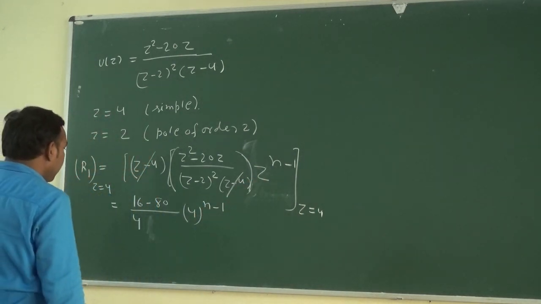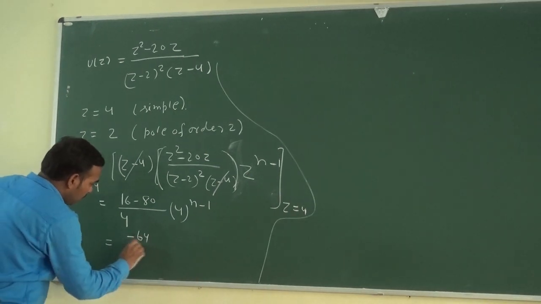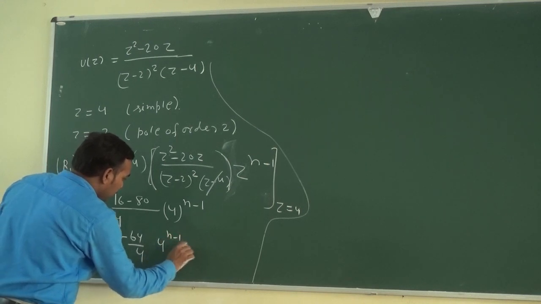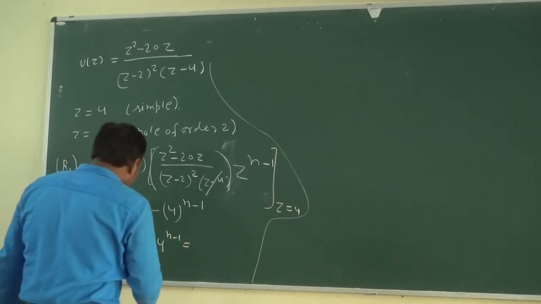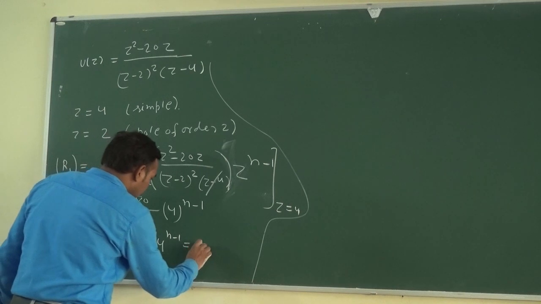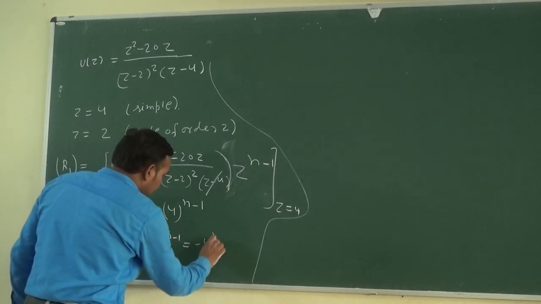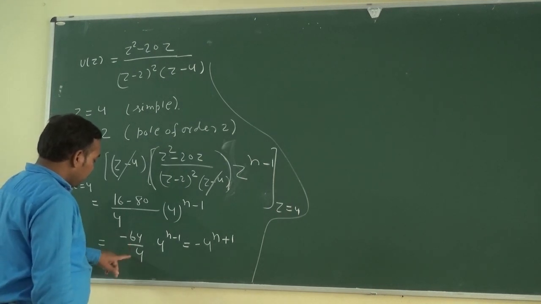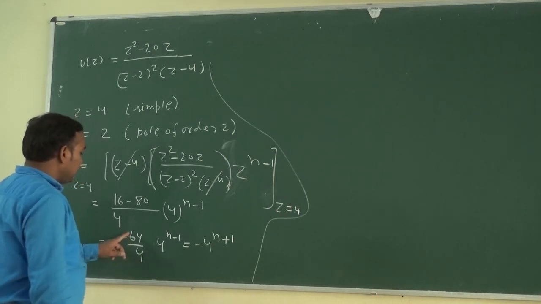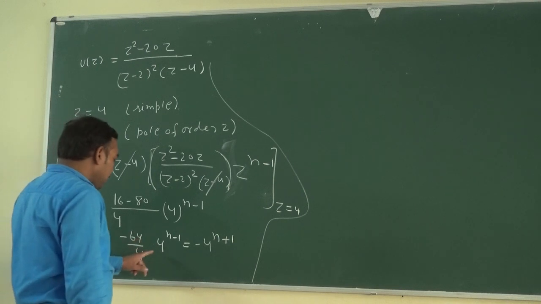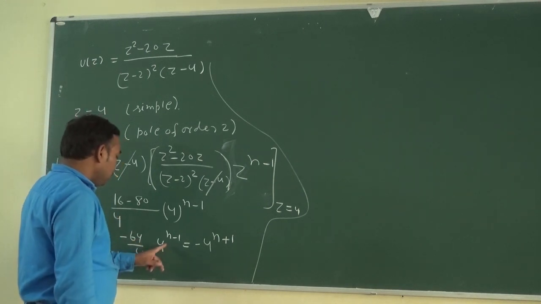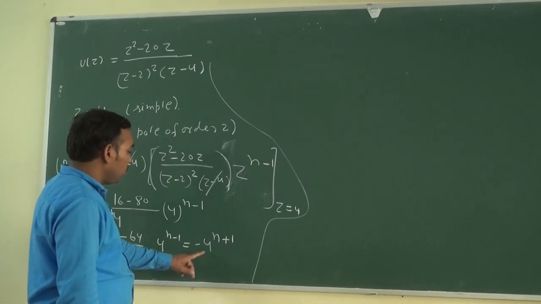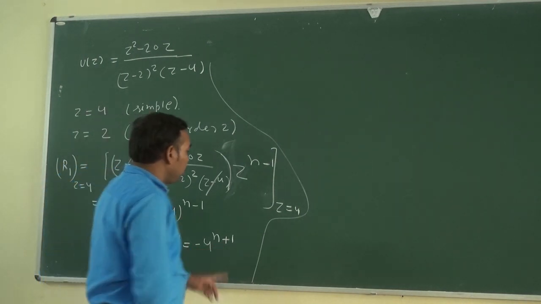So 64 upon 4 into 4 to the power n minus 1, or we can say here minus 16 into 4 to the power n minus 1, so minus 4 to the power n plus 1.